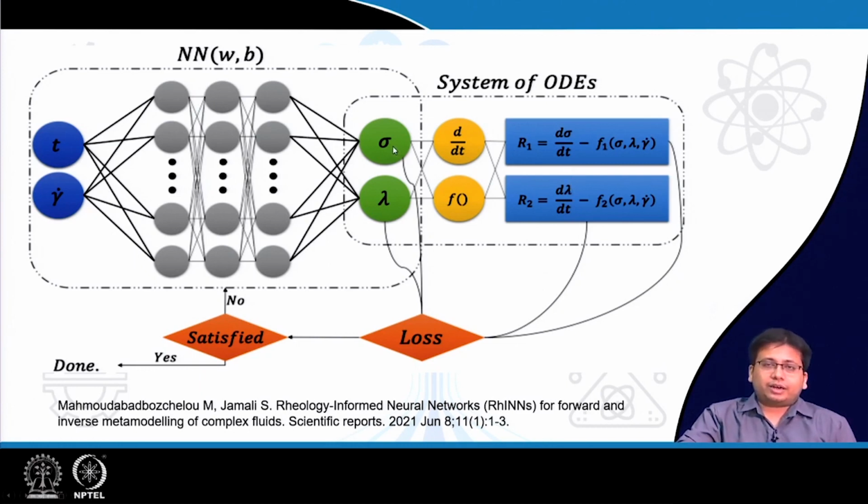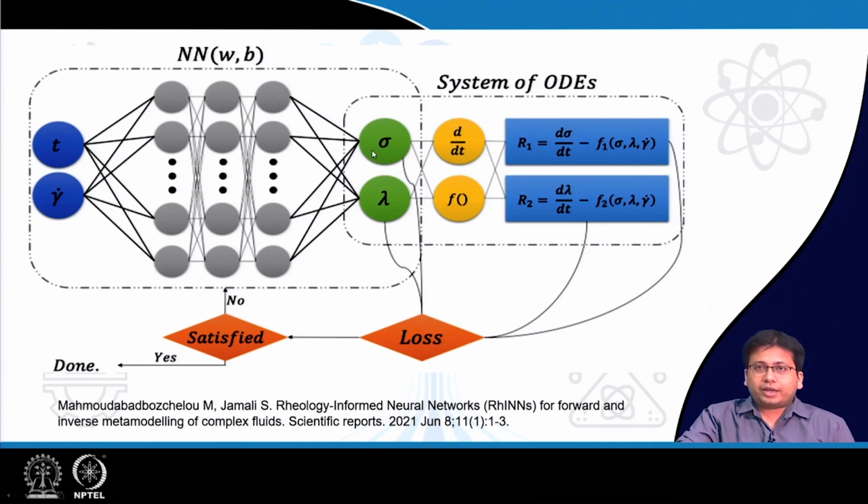So there are now two different kinds of loss functions. One is the usual loss, where we are simply comparing the predicted values of sigma and lambda with what the process based model would have given, like if we had actually solved these differential equations till the time t and obtained the values of sigma and lambda. Let us call those sigma hat and lambda hat.